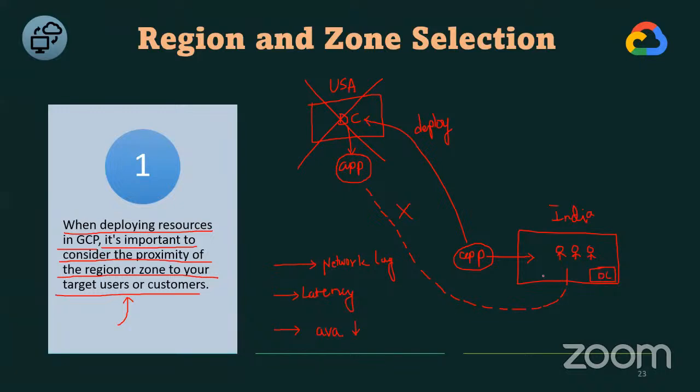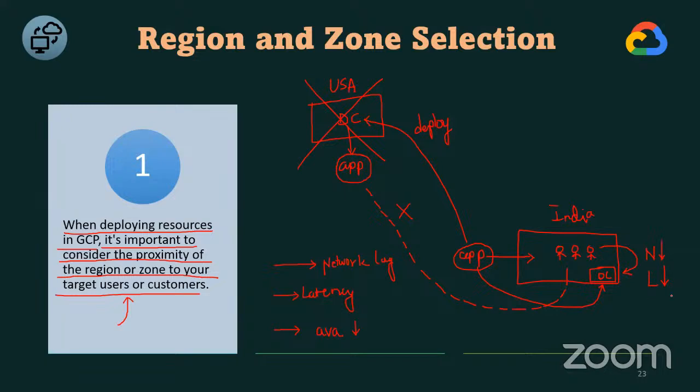Try to deploy your application in the Indian data centers only. Because people from India will be accessing a data center that is in India only, the network lag will be very low, and the latency of the application will be very low.